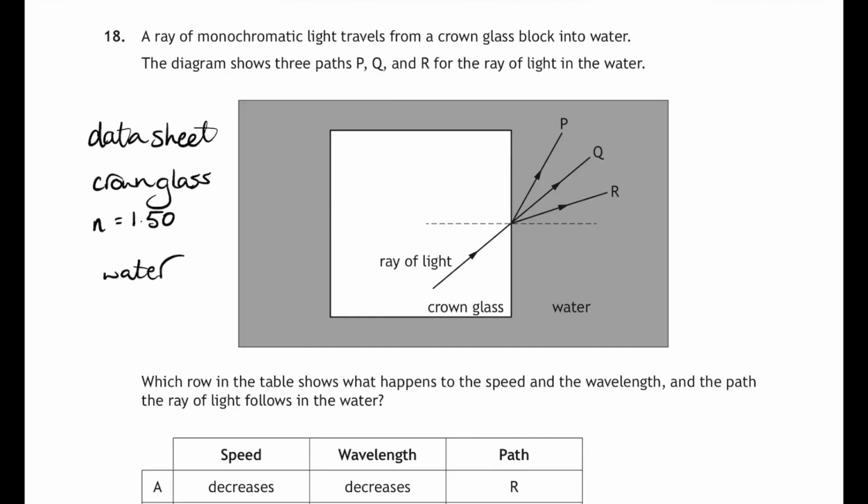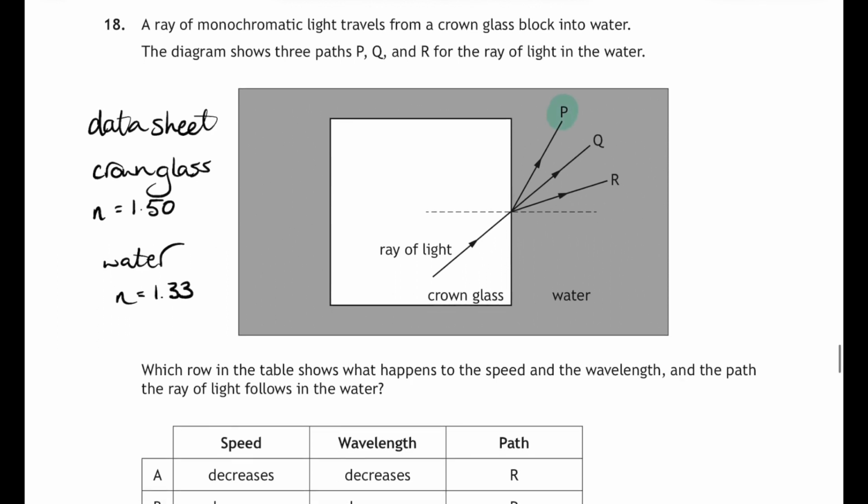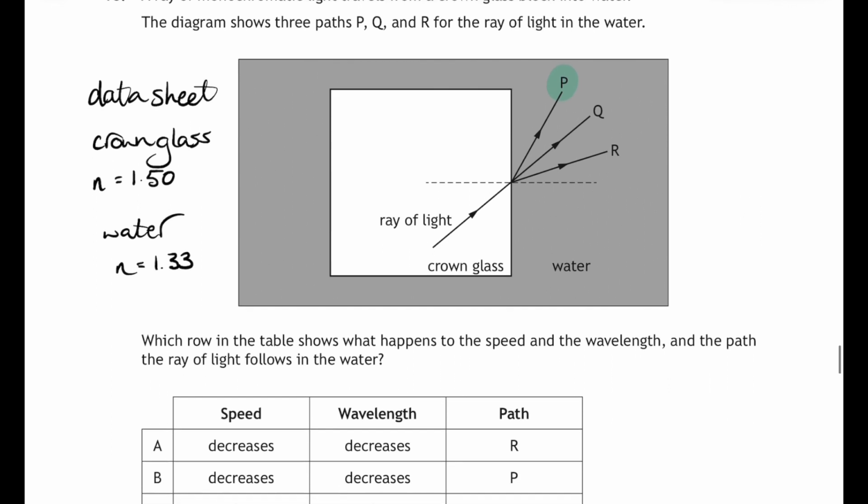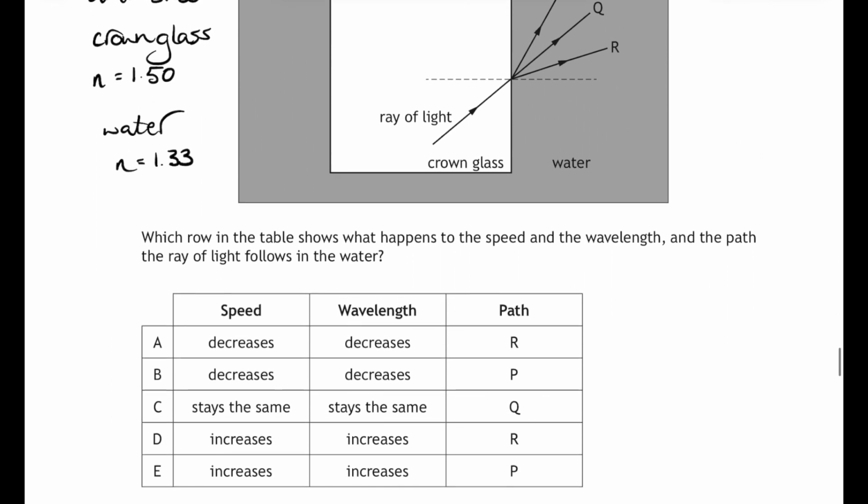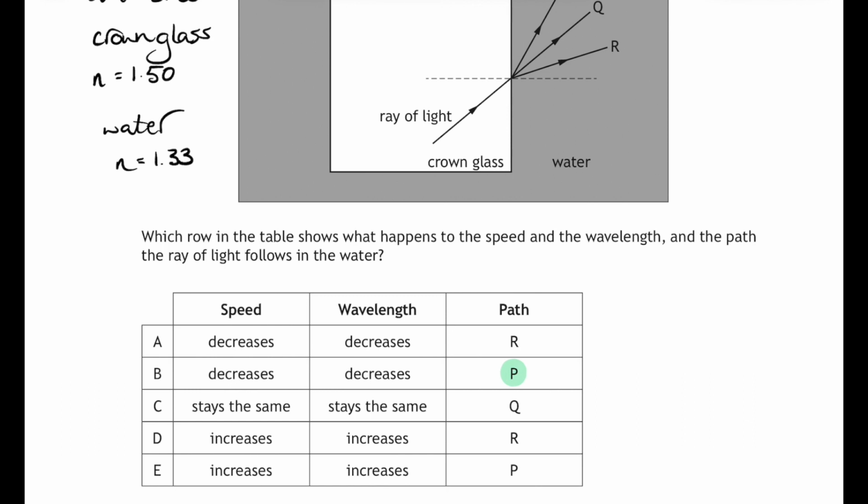So the refractive index of water is less than that of glass. That means when it goes from the glass into the water, it's going to bend away from the normal. So the only possible ray there can be P. And that narrows our options down to answer B or answer E.